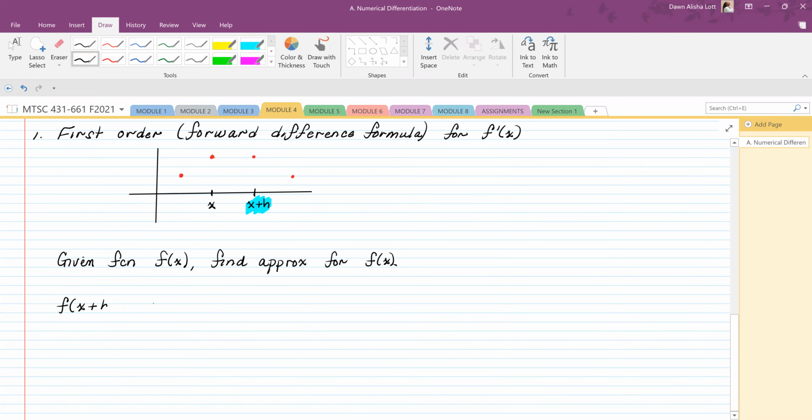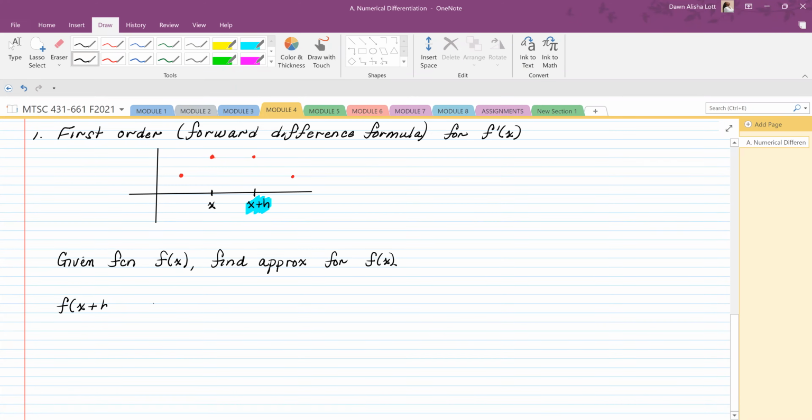Okay, so now I'm going to take my same picture. Here we go. So this time I am going to center, still trying to find a derivative at x, but this time I'm going to use x minus h and x plus h.